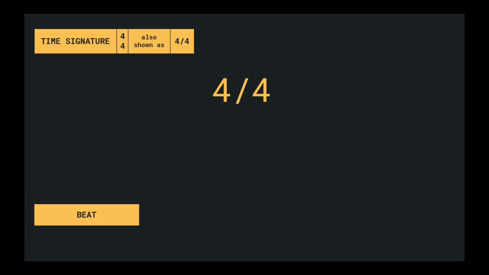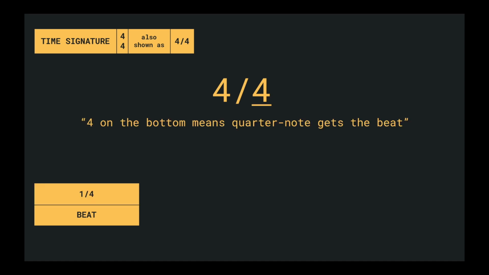Now you see this, 4/4. It belongs to what is known as a time signature, and for the sake of our tutorials, we'll stick to time signatures that all have a denominator value of 4. This is read as 4/4 time. A denominator of 4 means that 1 beat is measured in a quarter note's length. Don't get too confused.